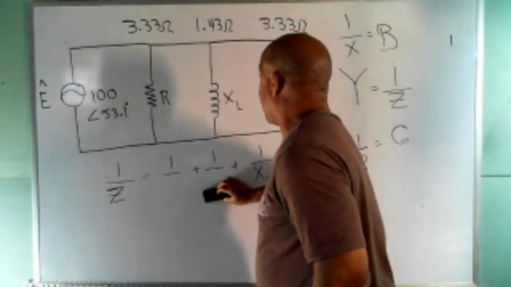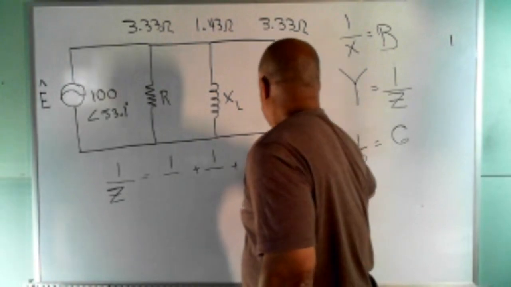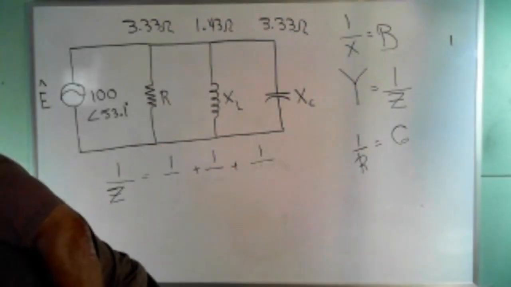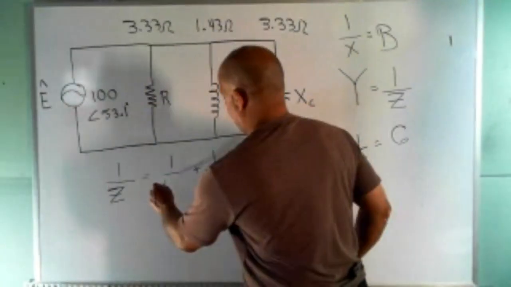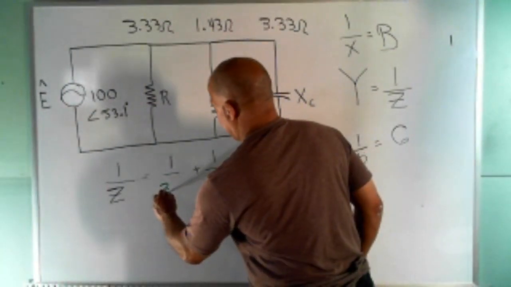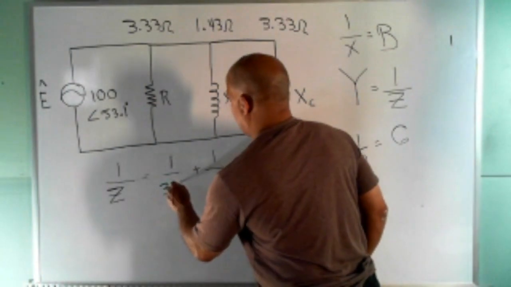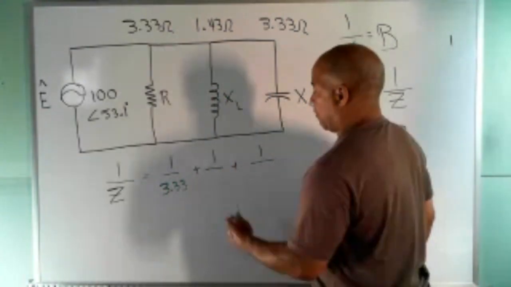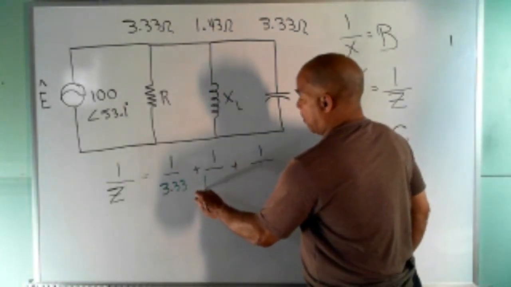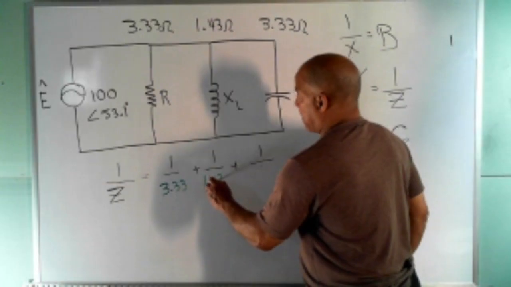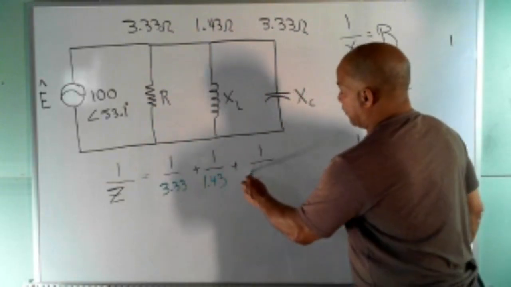So for R, we got, what, 3.3 ohms? Put that in there. Then 1.43, and then 3.3. I'll leave the units off just for room.